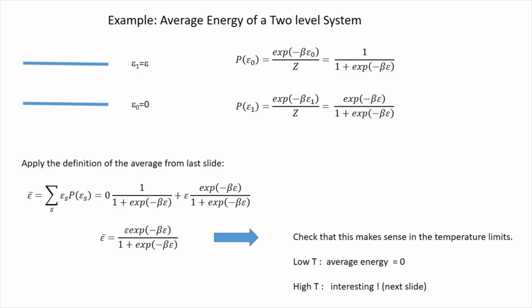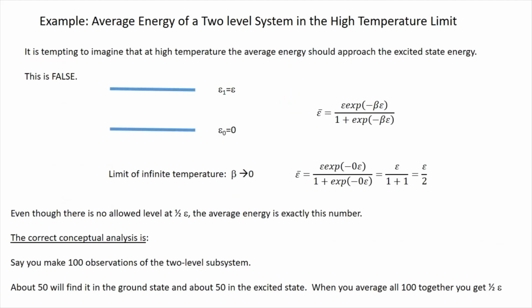So let's look at the average energy of the two-level system in the high temperature limit. It's sort of tempting to imagine that if you go towards infinite temperature, your reservoir has tons and tons of thermal energy, and maybe the energy is going to really approach the energy of the excited state, E sub 1 equals epsilon.